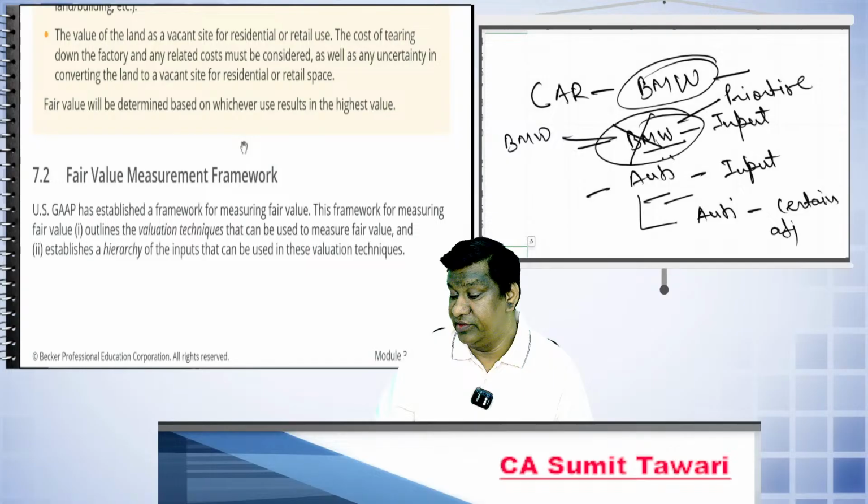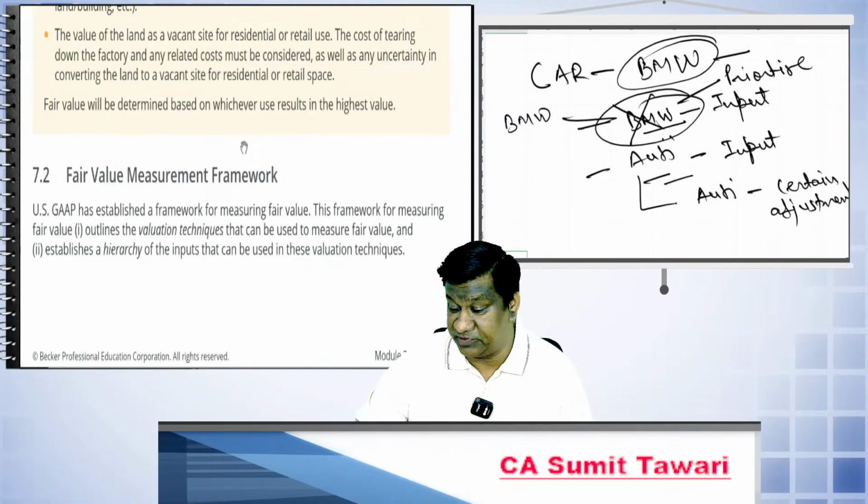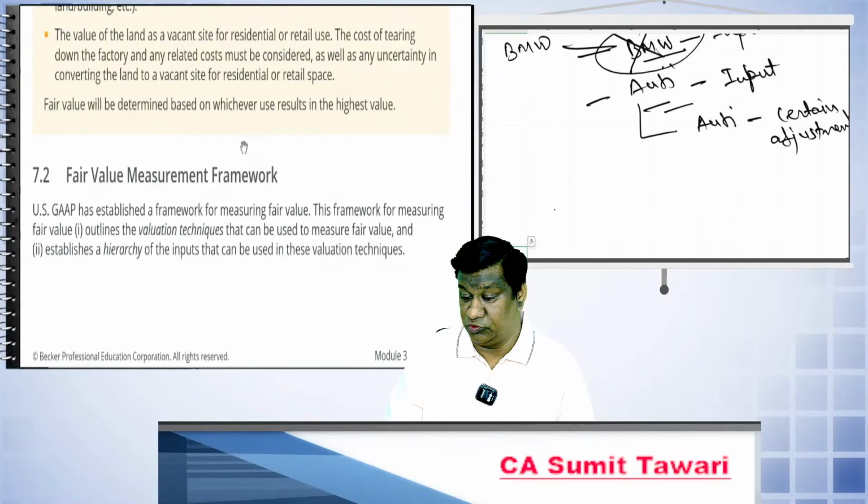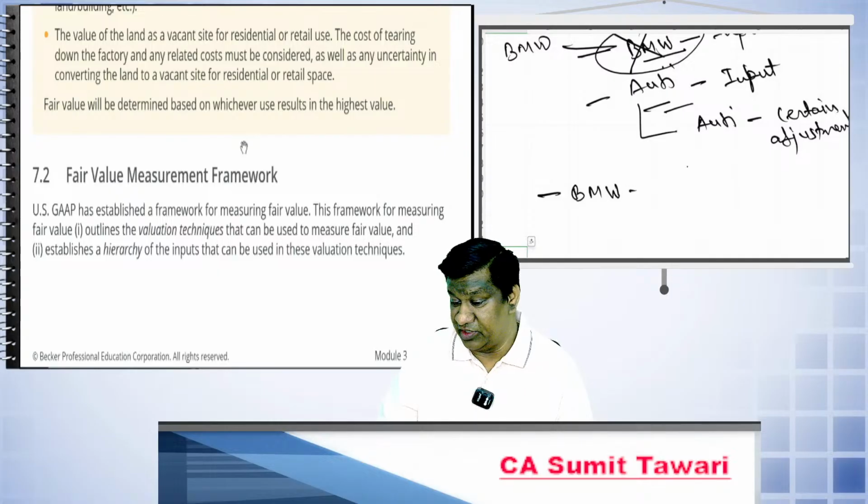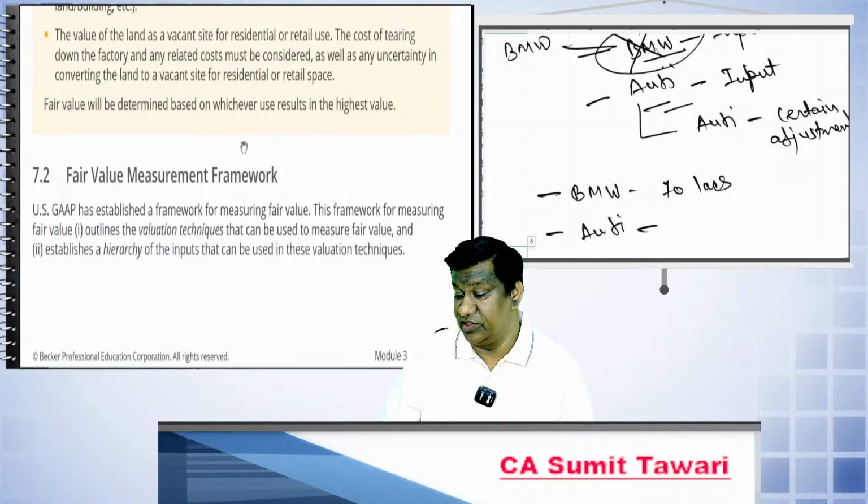As per the quoted price, if you want to buy the BMW, it may be around 70 lakh. And if you want to buy a new Audi, that price is available in the market, it may be around 63 lakh.